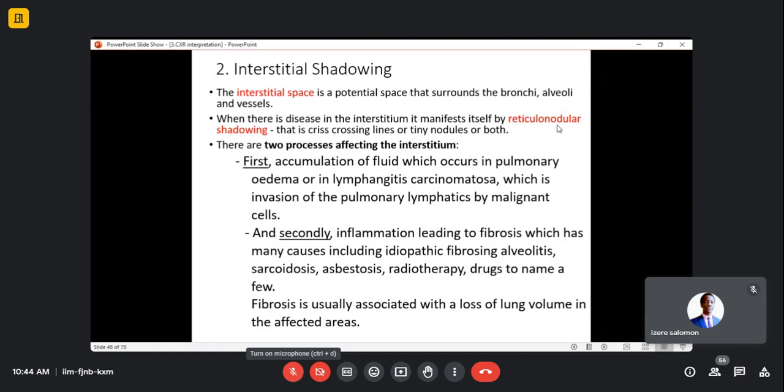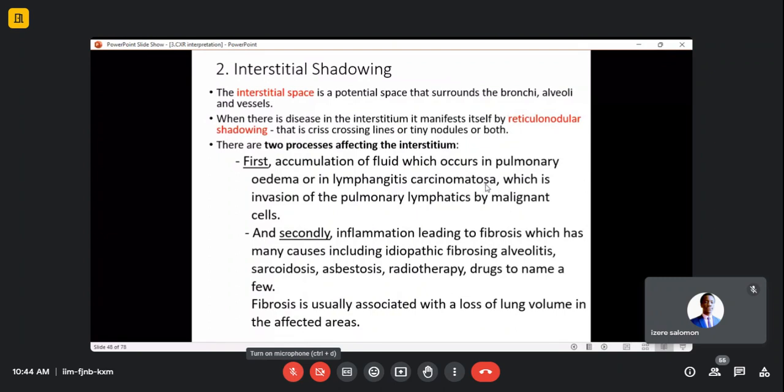Reticular, nodular opacities or reticulonodular opacities. Those are different opacities that can be seen in interstitial process. Okay. There are two processes affecting the interstitium. First, accumulation of fluid, which occurs in pulmonary edema, okay, or in lymphangitis carcinomatosa.